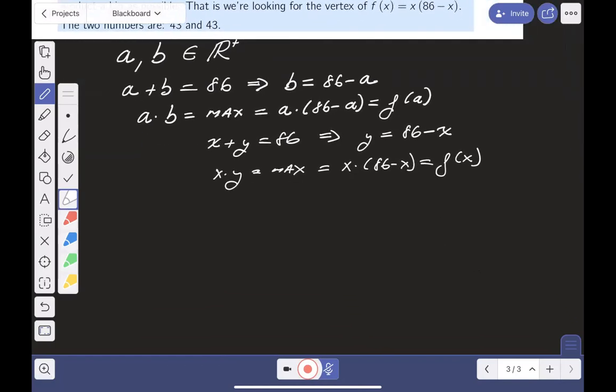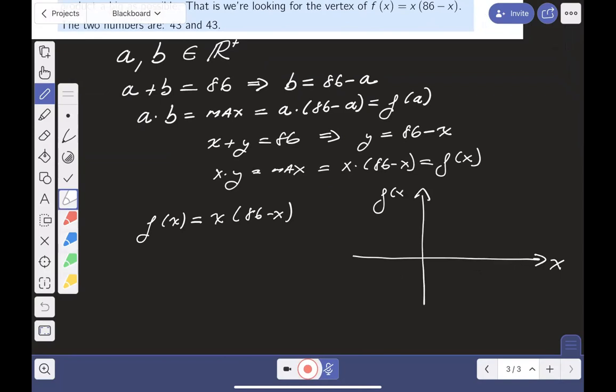And now what I want to do is I want to graph f of x. All right, let's do it.